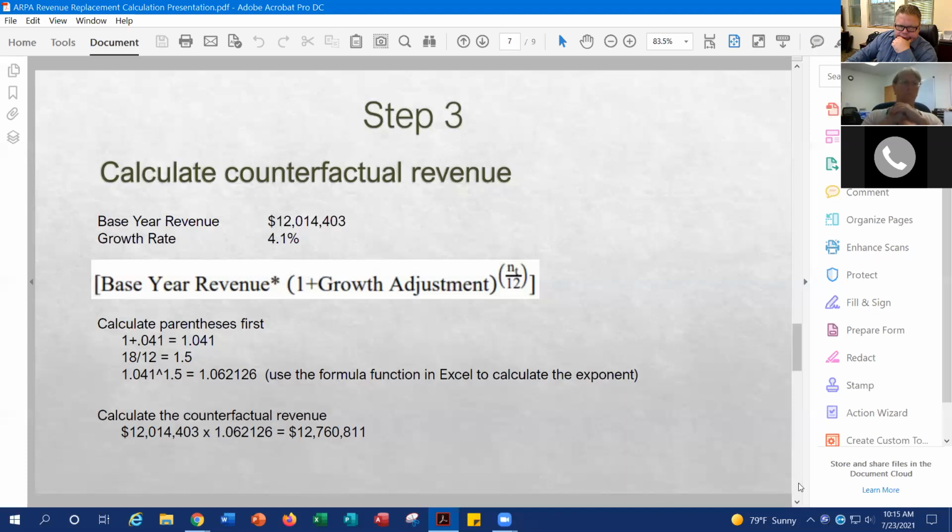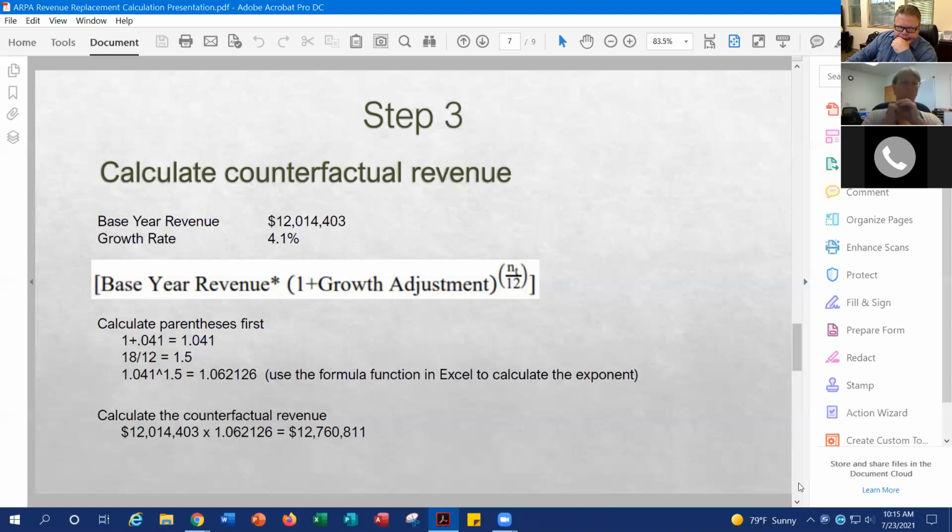And then you're going to calculate your exponent. So using the Excel formula function to calculate your exponent is a much easier way than trying to do it by hand. So what you get is your 1.041 with an exponent of 1.5 that gives you 1.062126.